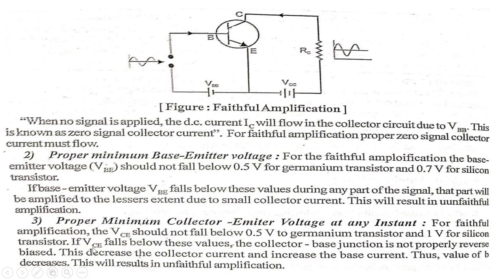If VCE falls below this value, the collector base junction is not properly reverse biased. This decreases the collector current and increases the base current. This will result in unfaithful amplification.